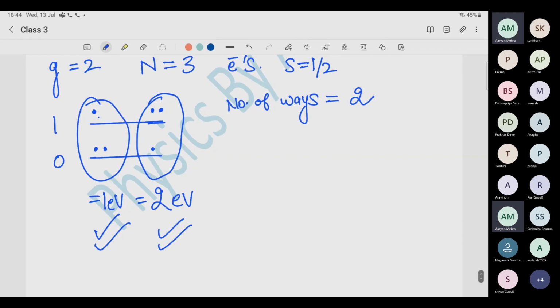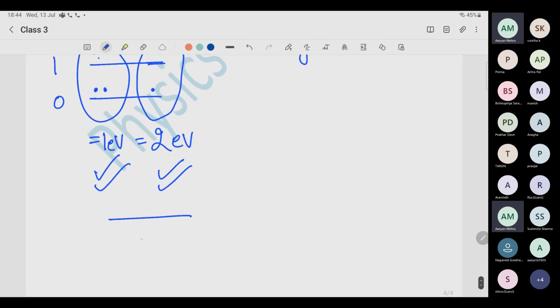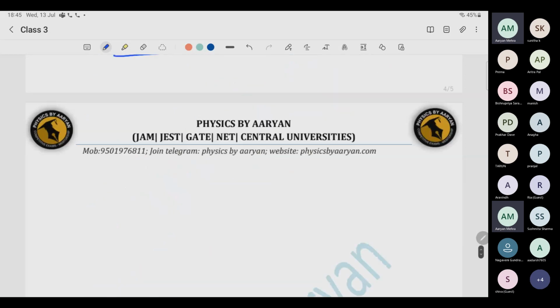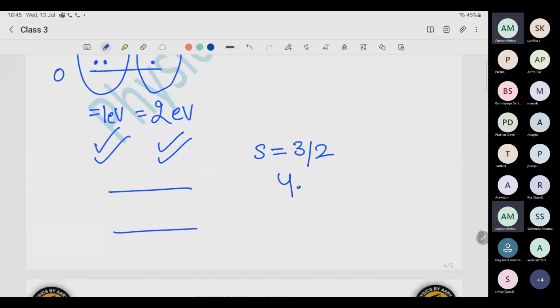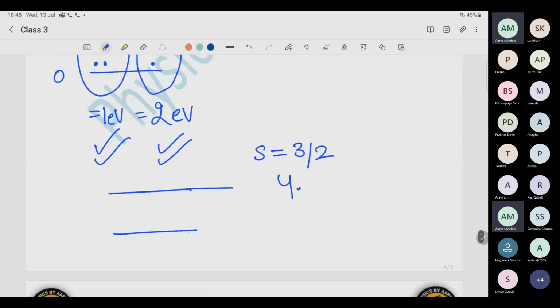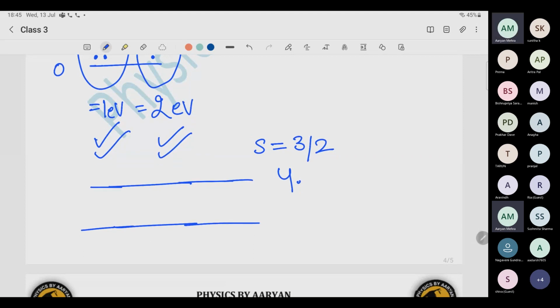Now let's say the same question, two energy levels, but now let's make the spin 3 by 2. Particles are still 3. So now you can arrange 4 particles in one energy level, so there are more situations.